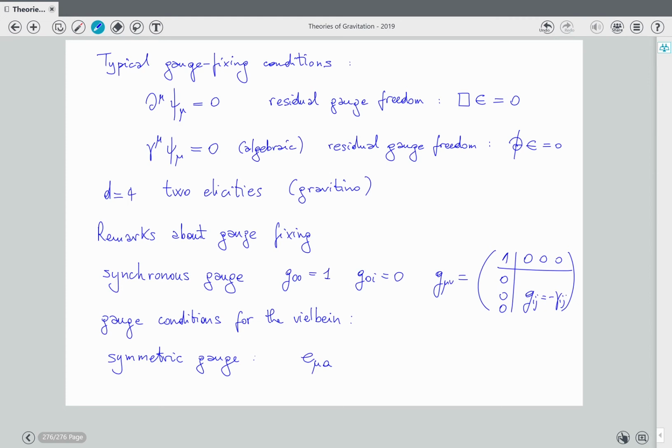So what do gauge conditions for the field bind mean? For local Lorentz invariance.